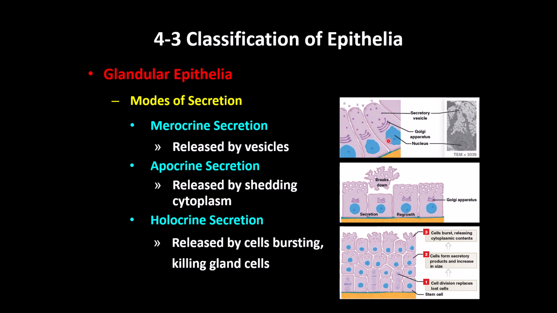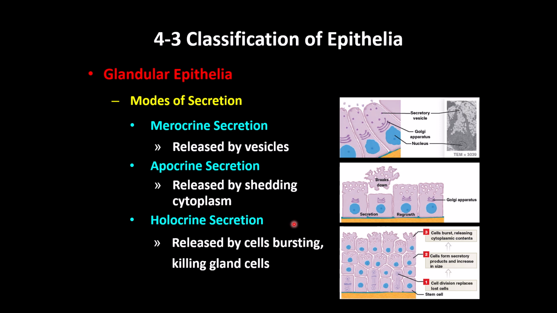You can see that in the sweat glands. Then apocrine glands: the superficial layer of the cytoplasm sheds, breaking off from the rest of the cell. The cell stays alive, so it will continue to produce. Also, you can see this in a specific type of sweat gland.